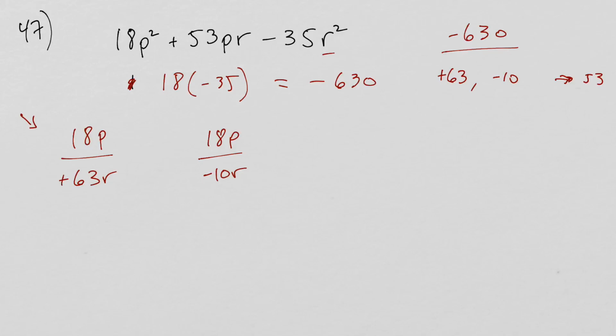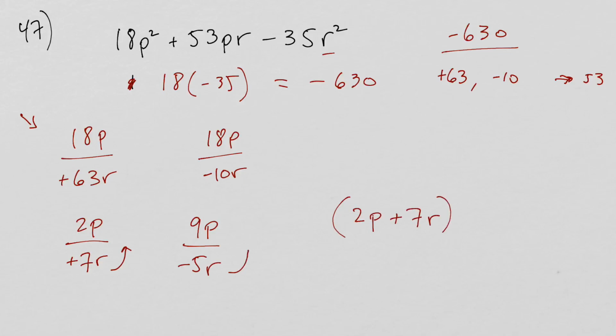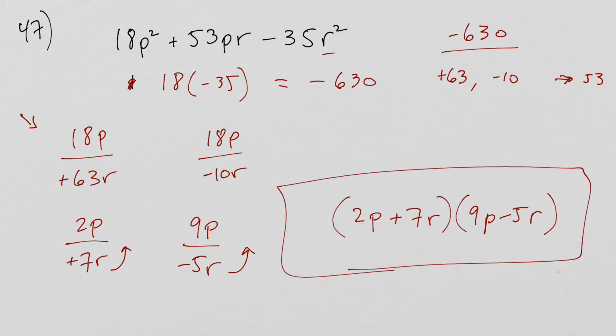This is divisible by 9, so I'll have 2p over a positive 7r, and this one's divisible by 2, so I'll have 9p over negative 5r. Pop this up, and I'll have 2p plus 7r. Pop this up, and I have 9p minus 5r, and I'm done.